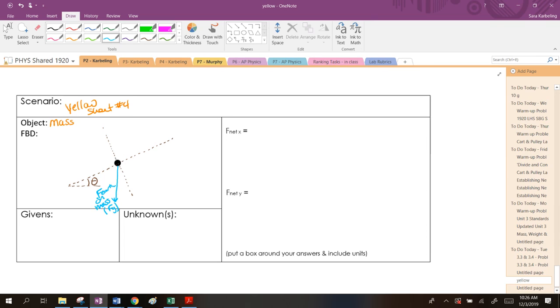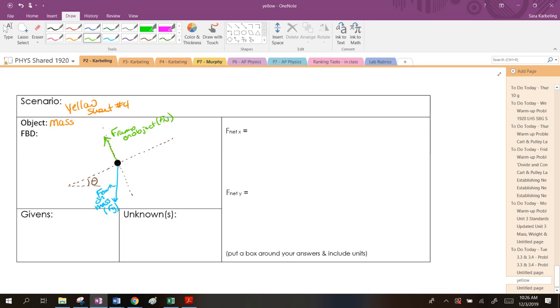Which way does normal push, guys? Perpendicular. Don't turn your brains off yet, you guys. You need this. This is the force of the ramp on the object. Okay. Those are the 2 forces acting, no friction.